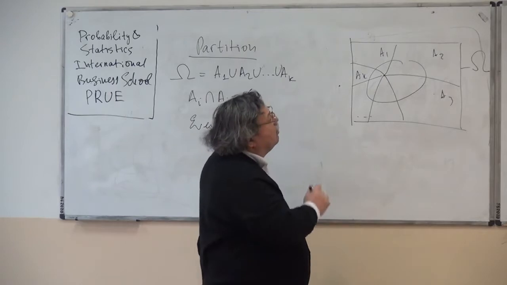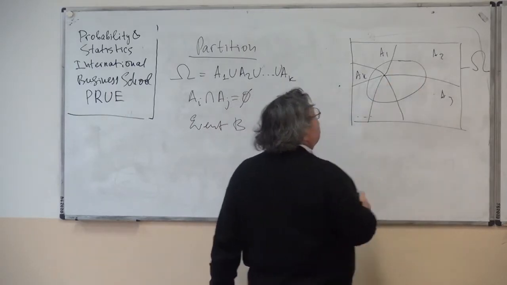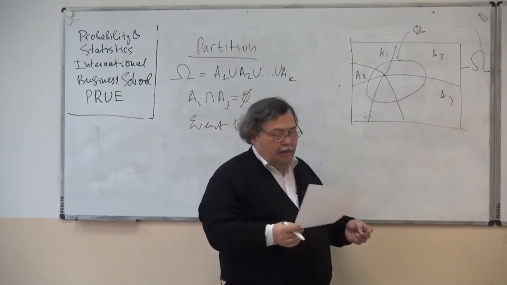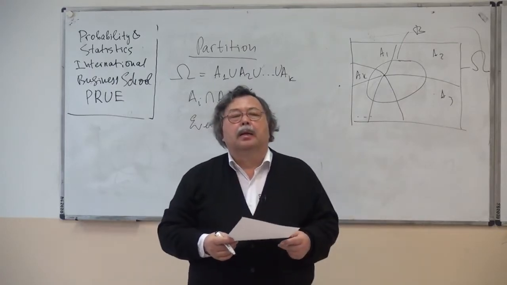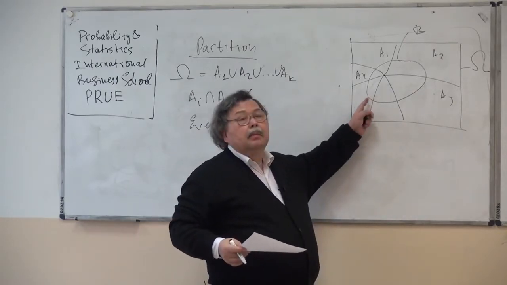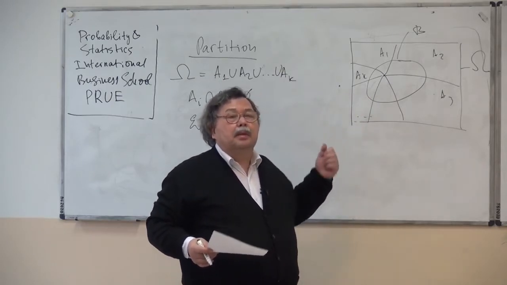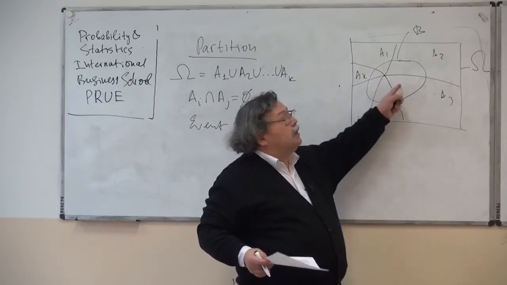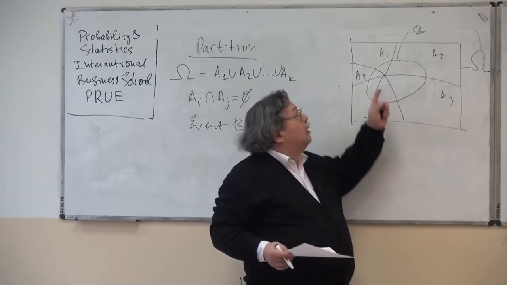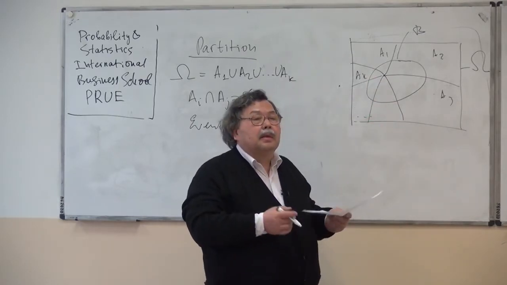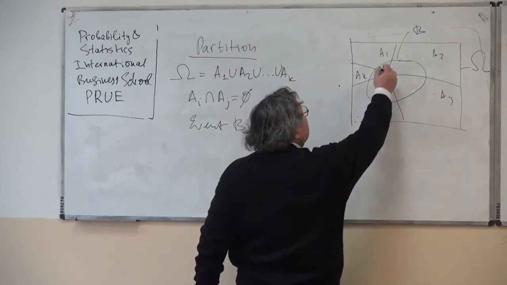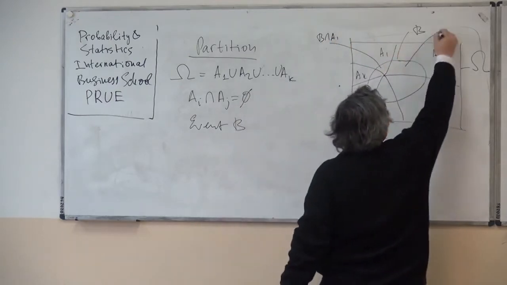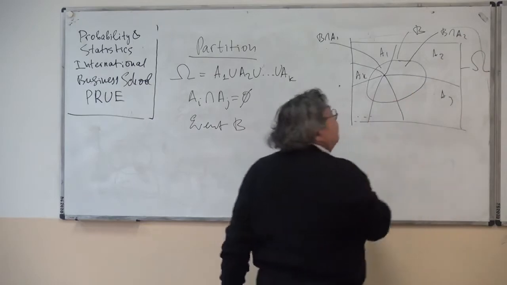Now, suppose this is a representation of event B. Any event B that we may be interested in consists of these pieces that are the intersections of B with the respective events A. This is B intersect A1, this is B intersect A2, and so on.